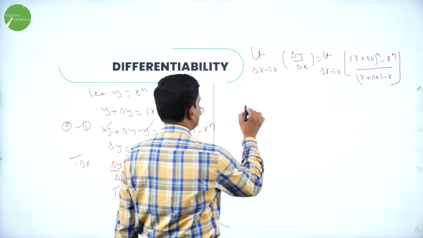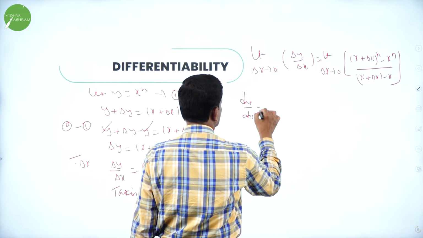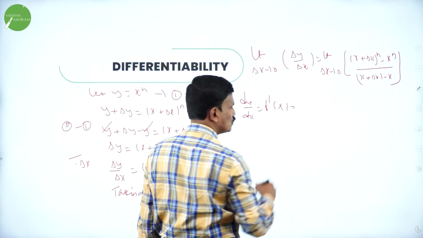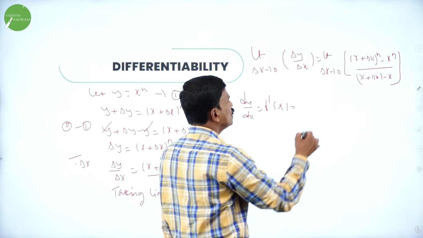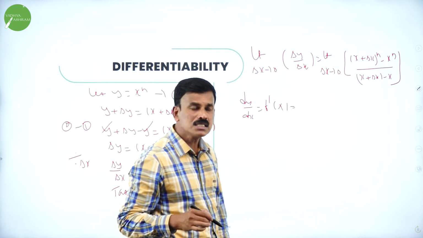Now this is dy by dx, that is nothing but f dash of x, which can be evaluated by taking a substitution.